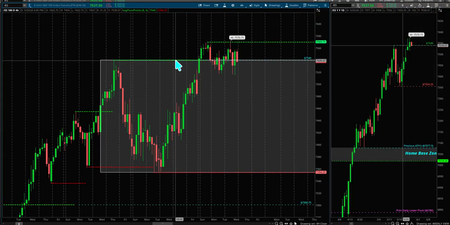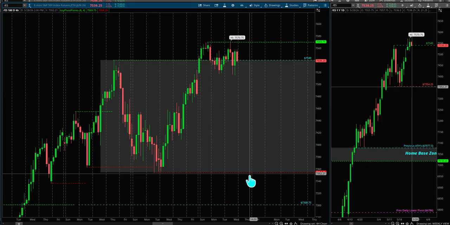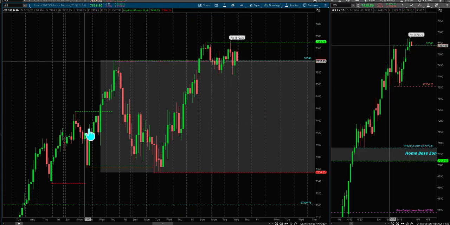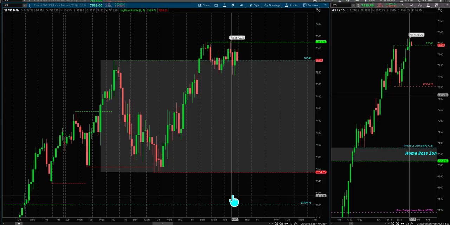In yesterday's newsletter, the upper pivot right here, this is where my crosshair is at, is 75.40. The lower pivot is last week's low at 73.54. This is a potential range that we're focusing on in the 4-hour time frame.